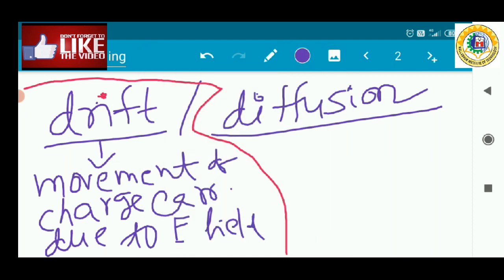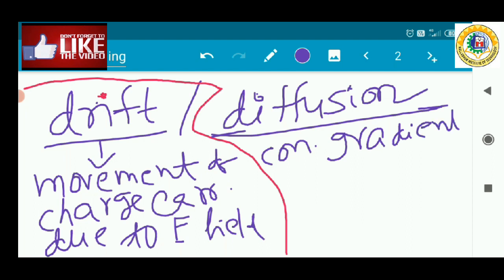And next is diffusion. What is the short definition of diffusion? Diffusion is also a flow of carriers, and it happens due to concentration gradient. If there are two regions inside the semiconductor, region 1 and region 2, and the concentration of carriers in region 1 is higher and the concentration in region 2 is lower, then there is a flow of carriers from region 1 to region 2.